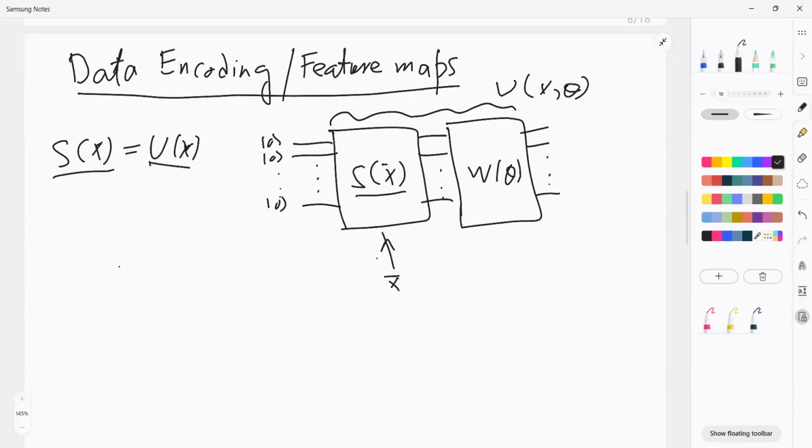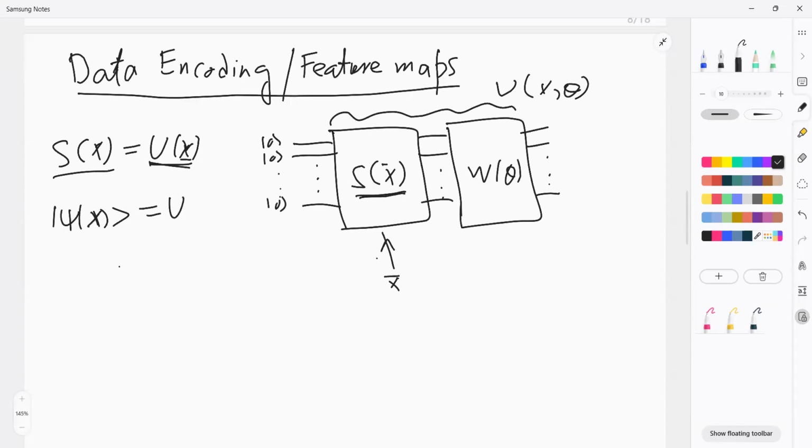the data encoding part. The data encoding in quantum computing and quantum machine learning is actually one of the most critical steps, because in quantum kernel methods, this implements not only the data uploading to the quantum computer, but also a kernel map that transforms from one feature space X to the feature space that is the Hilbert space in which U of X lives.